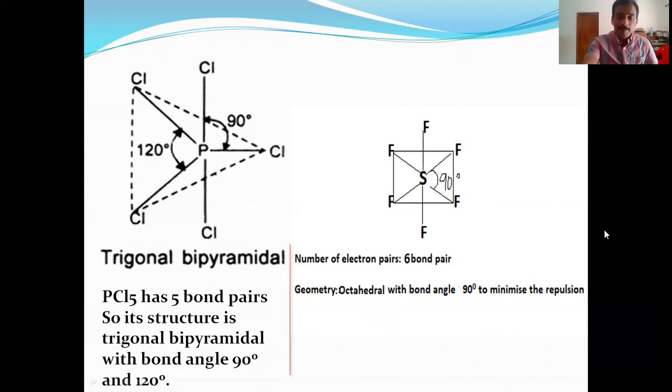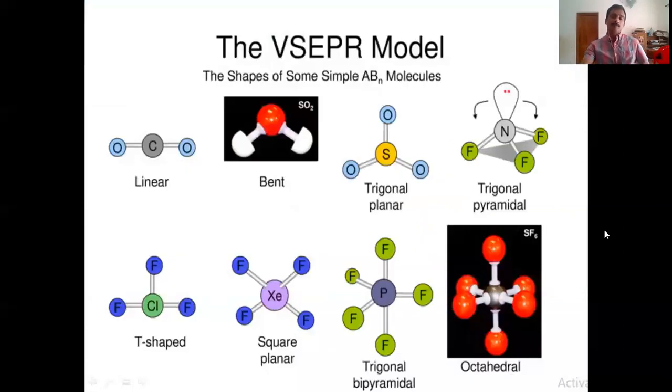Now you can see the representation of various molecules, the VSEPR model of various molecules. It is the structure of a linear molecule, BeF2, BeCl2 for example, with the bond angle 180 degree. Bent structure, SO2. SO2 has a bent structure. Trigonal planar structure, SO3. Trigonal pyramidal structure, NF3.